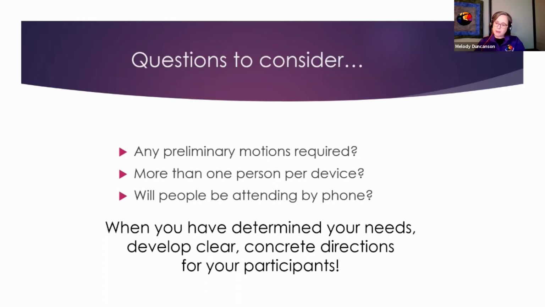It is vitally important that once you've determined those needs, you practice, develop clear instructions, decide the features that you're going to use, write out the instructions, and take time in the meeting to go through them. You may want to set up an orientation before the meeting to get people trained and comfortable using whatever voting tool you're going to use.